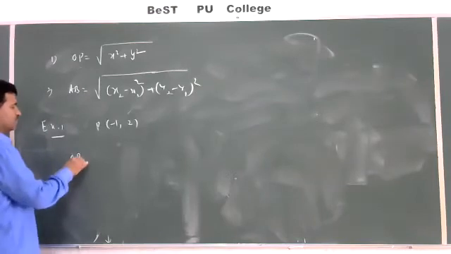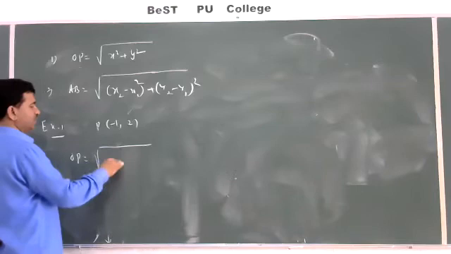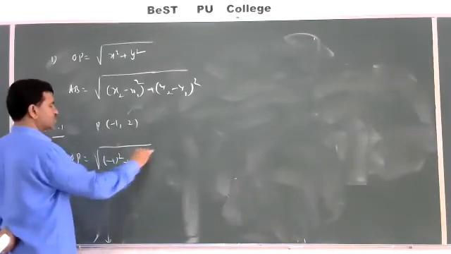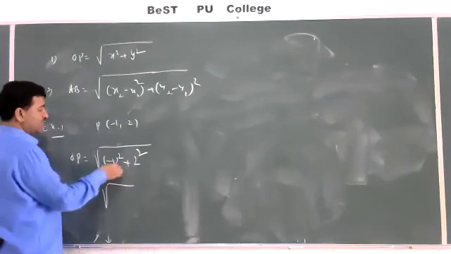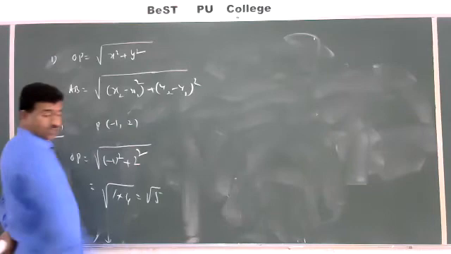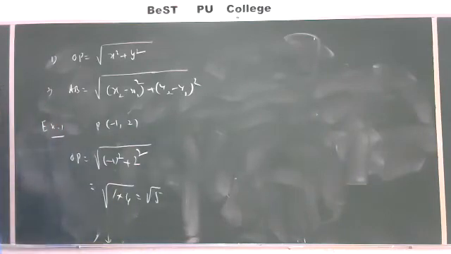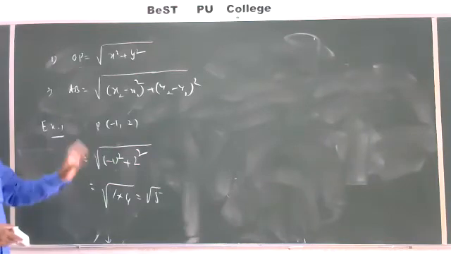OP is equal to square root of x coordinate, what is the x coordinate? Minus 1 whole square plus 2 square. So what is the answer? Square root of minus 1 whole square means 1, plus 4. Square root of 5 is the answer. When we don't know the exact values, leave it, no problem. No need to use any logarithm book, no need to use any calculator. Just leave it. Square root of 5 units, that's all.